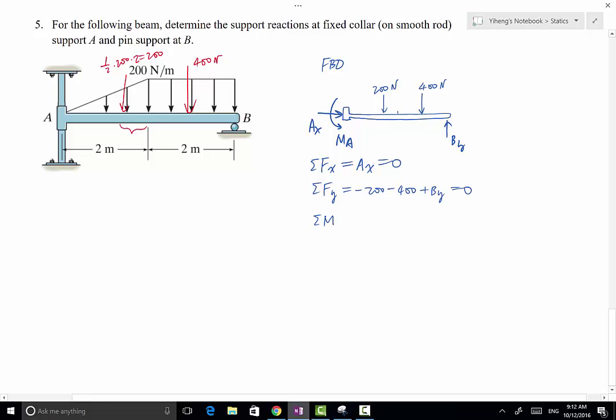Resultant moment about point A equals, don't forget the couple moment support reaction MA, that's one of our unknowns we need to solve for.